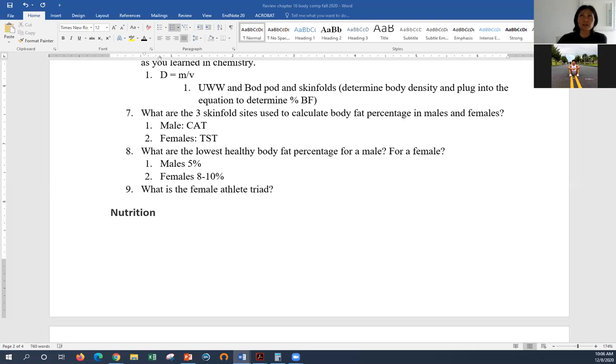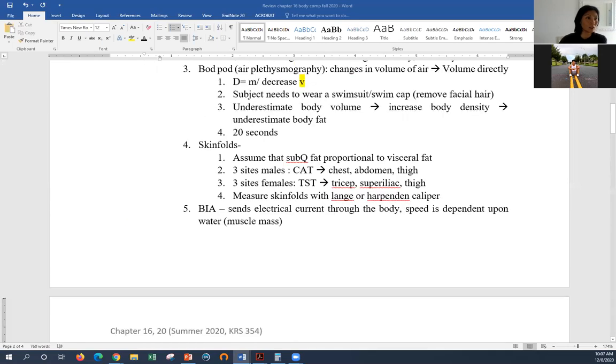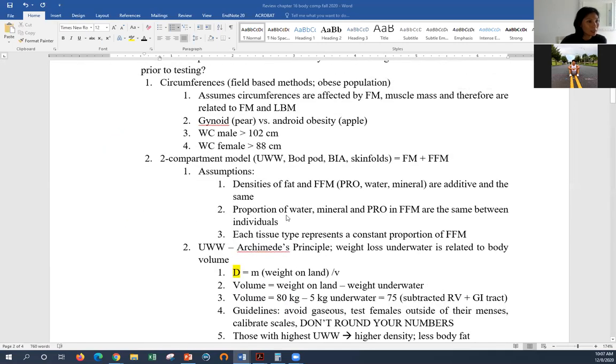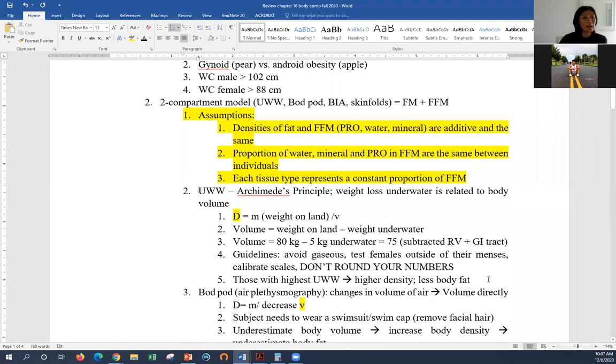So that's the standard error of the estimate, which tells you whatever number that you get, there's going to be error associated with that number based upon the assumptions that we make early on, right? So we had assumptions for the 2-compartment model. And because of these assumptions, there's going to be an error associated with these field-based methods.